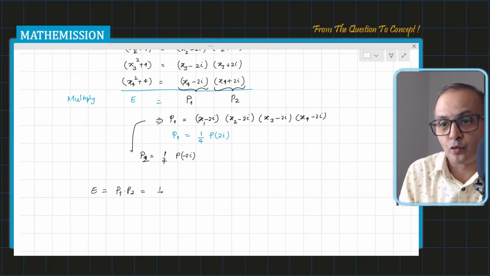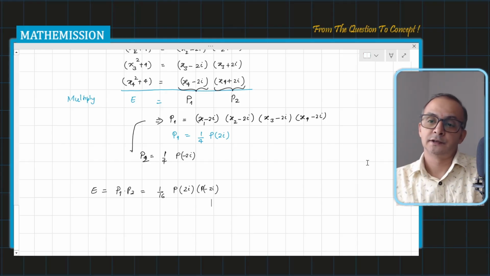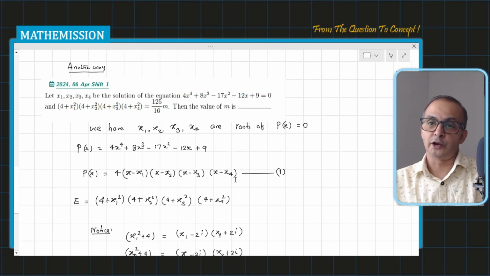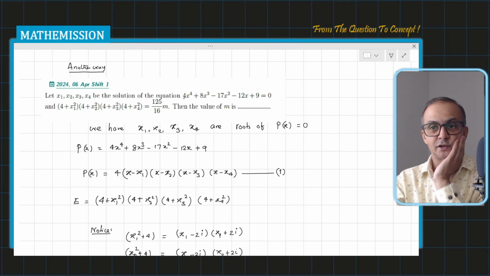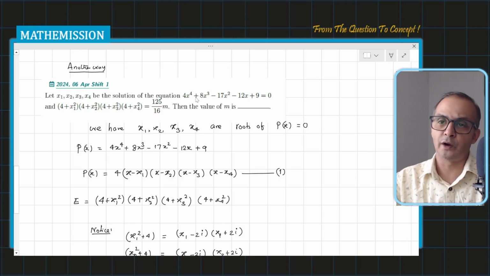And so it will give you 1/16 of P of 2i and P of minus 2i. And this is nothing but evaluating this long polynomial at 2i only. And there are many values like i to the power 4 will become 1 and so on.